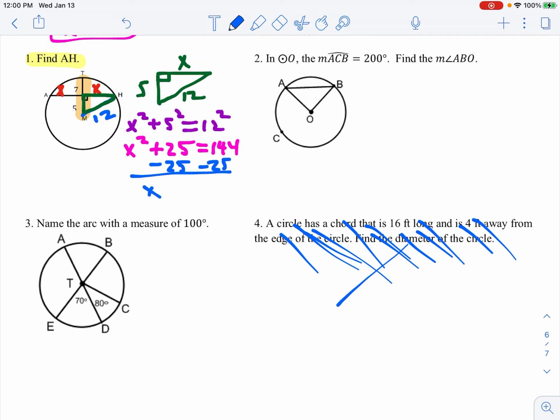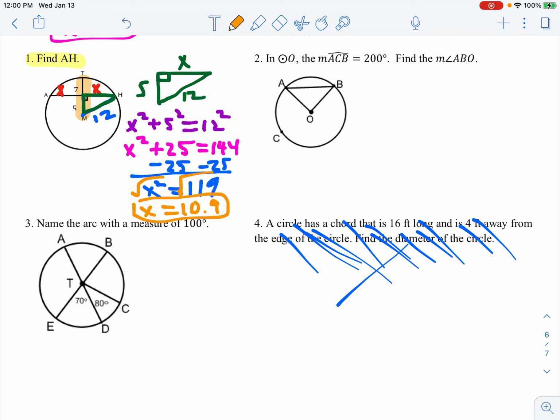I'm left with x squared is equal to 119. Now, remember, to free that up, we want to square root both sides. So when I square root 119 on both sides, I get x to equal 10.9.